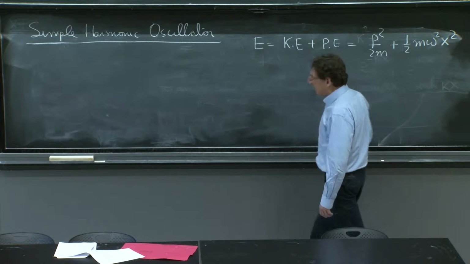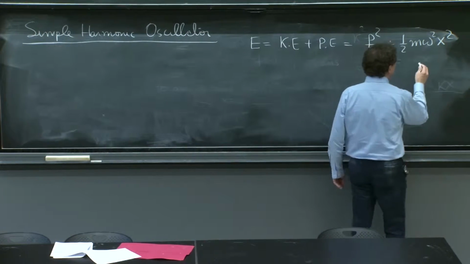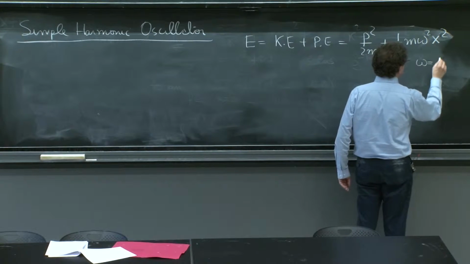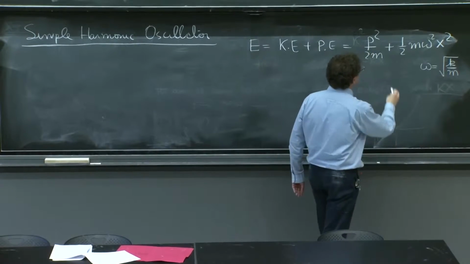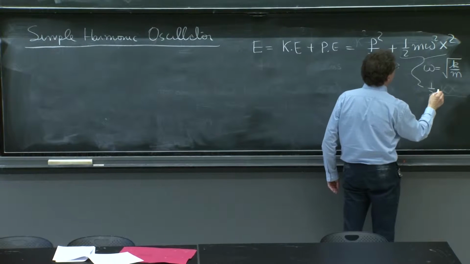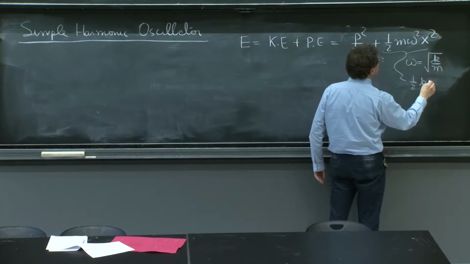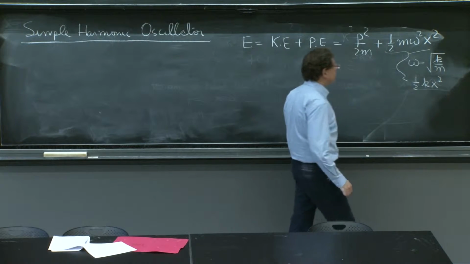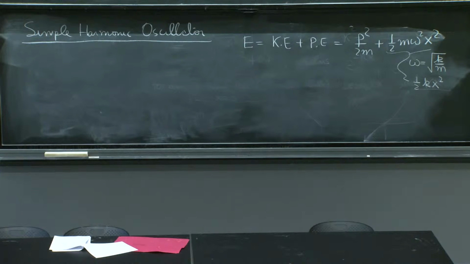And this may be a tiny bit unfamiliar, this way of writing it, but you may recall that omega is equal to the square root of k over m, the so-called spring constant, in which the potential in terms of k would be 1/2 k x squared. And that's the potential energy stored in a spring that you've stretched a distance x. That's the total energy of a harmonic oscillator.